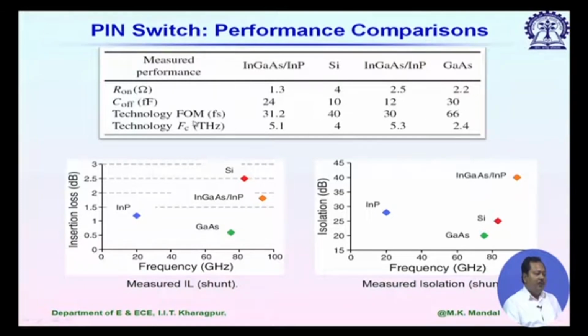If we look at the figure of merit, indium phosphide or indium gallium arsenide provides a typical value of 31.2, or 30, the smallest among all these. For gallium arsenide based devices, it is higher. So, smaller is better. If the figure of merit is smaller, we can achieve lower insertion loss and high isolation values.